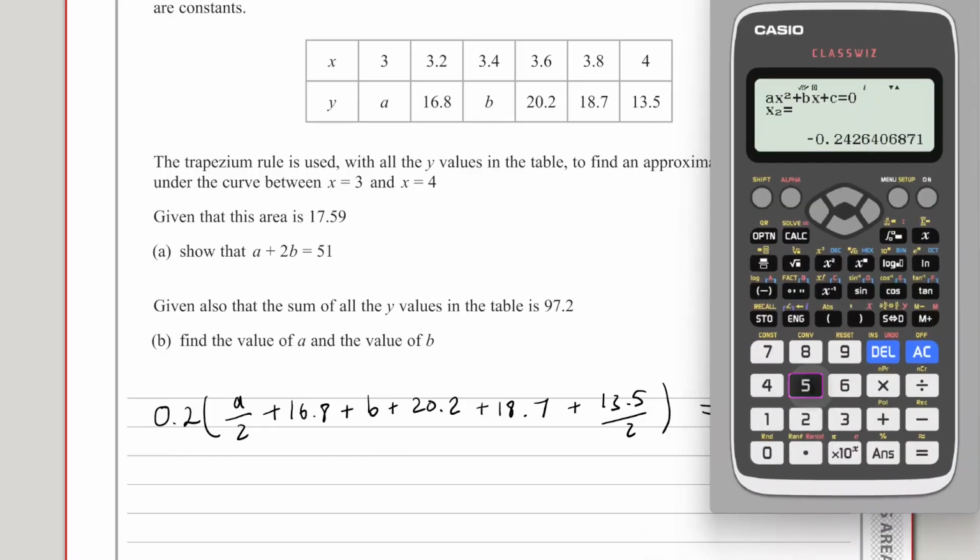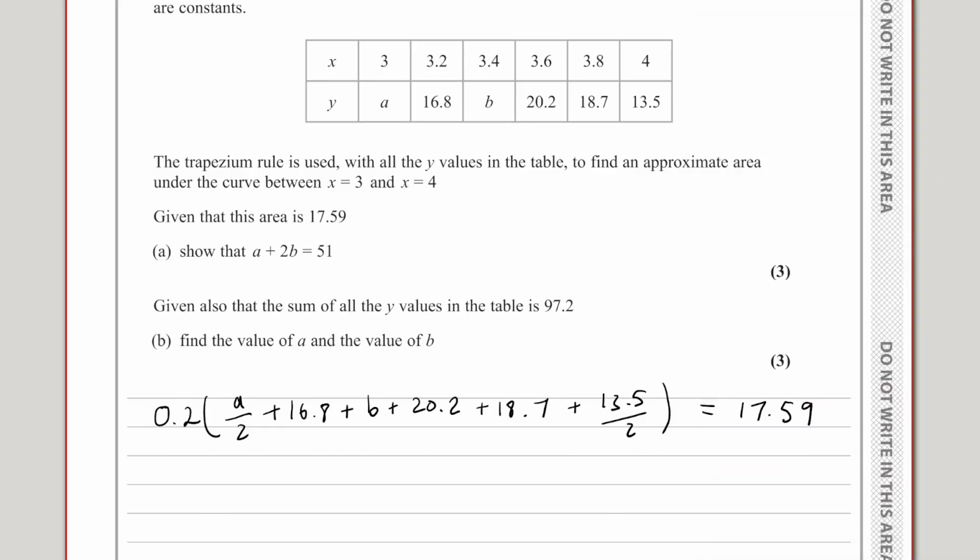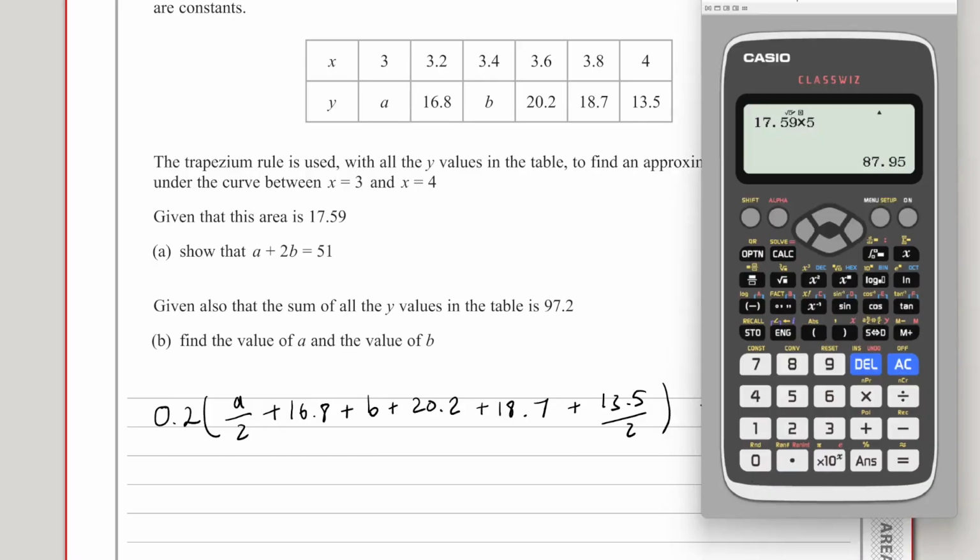So 17.59 times 5 is 87.95. So that gets rid of the 0.2, and let's add up what we know.